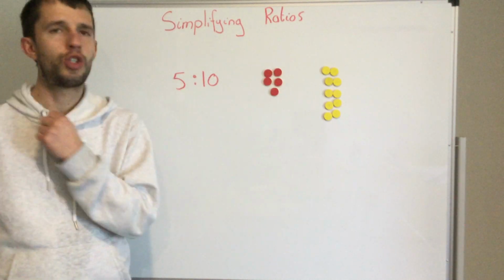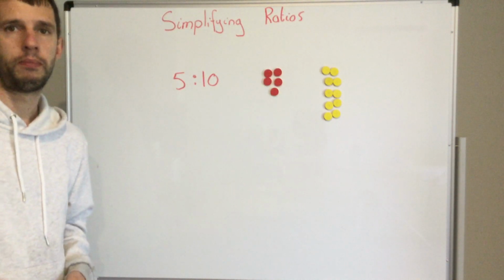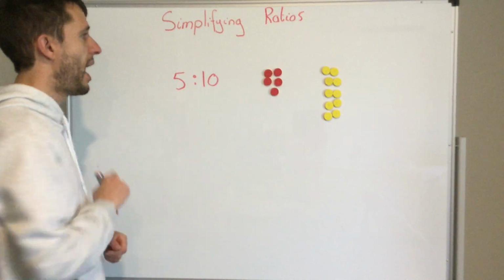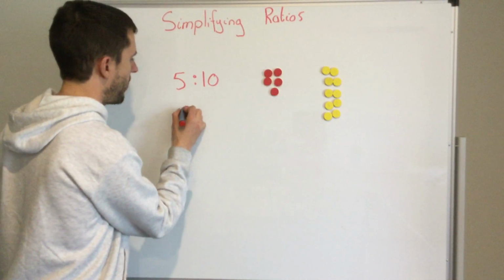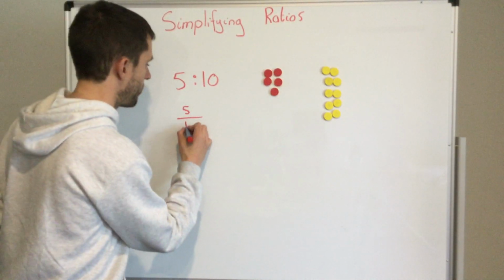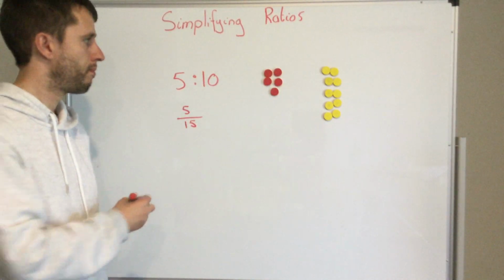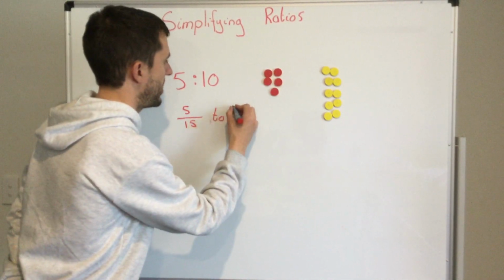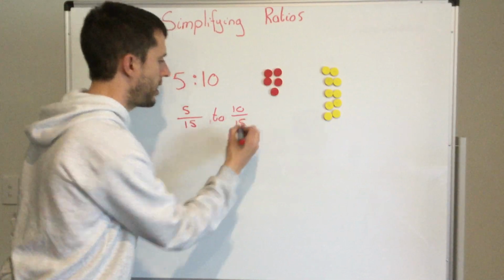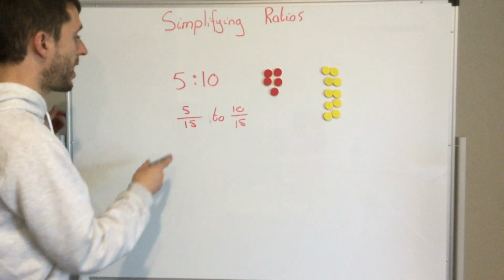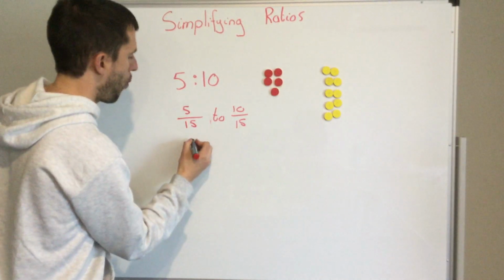We know that this is just like a fraction. So right now I can think about how many redheads do I have? I've got 5. The total is 15, compared to 10 out of 15. 5 out of 15 is the same as me saying how many 5s in 5? 1.